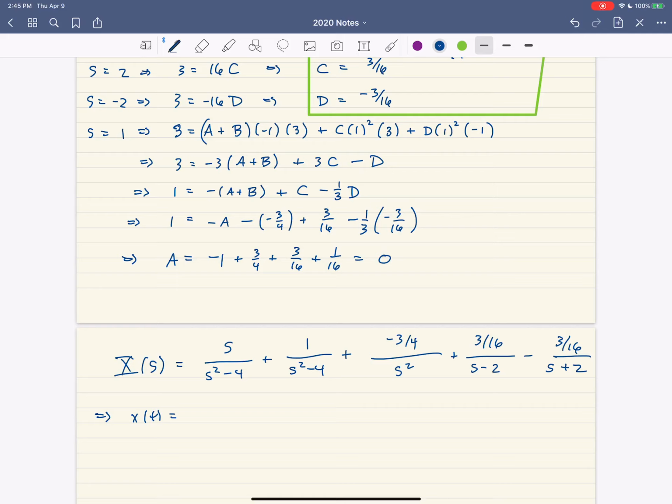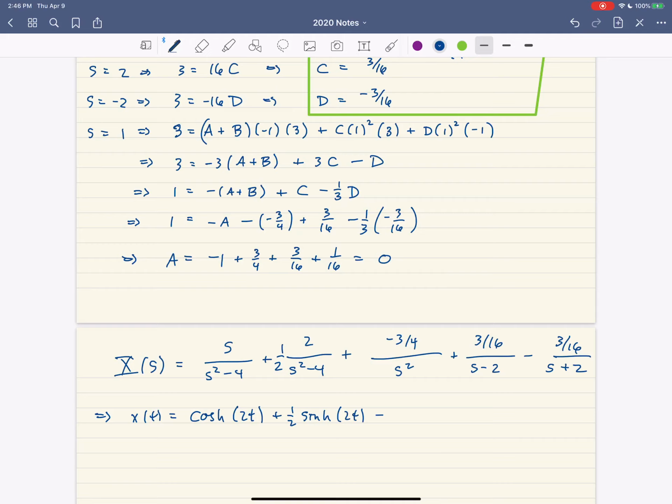So if I have s over s squared minus 4, that's going to be cosh 2t. And if we have 1 over s squared minus 4, I can think of that as 2 times 1/2, so 1/2 times 2 over s squared minus 4. So that's 1/2 sinh of 2t.